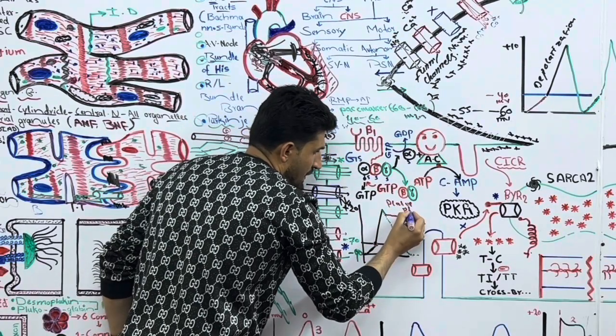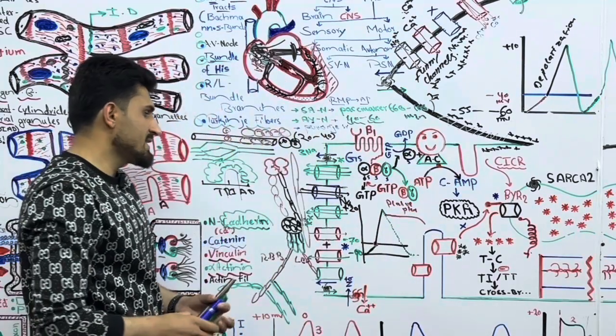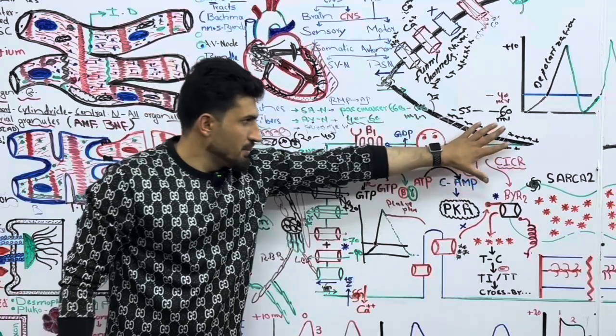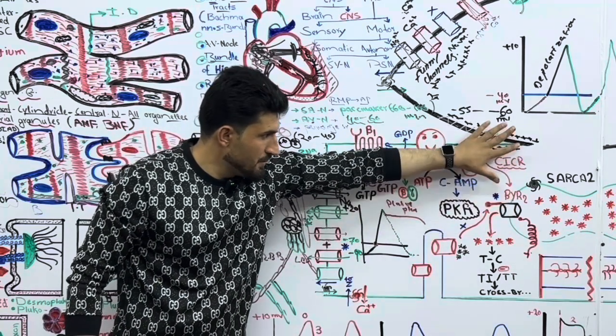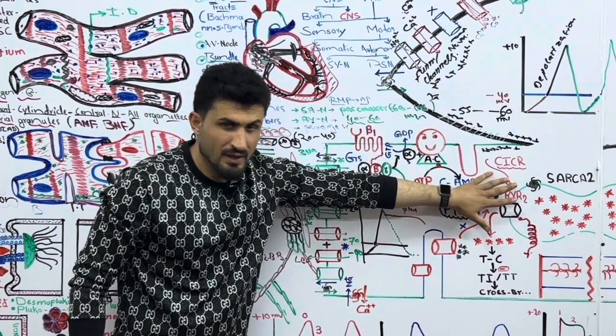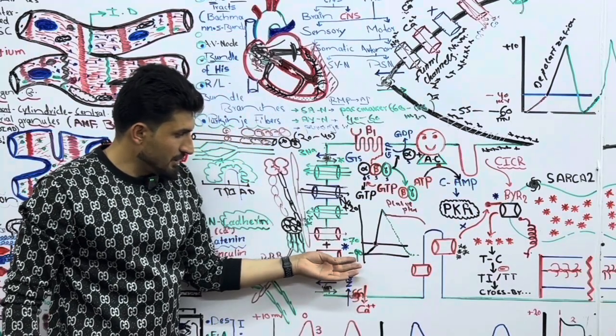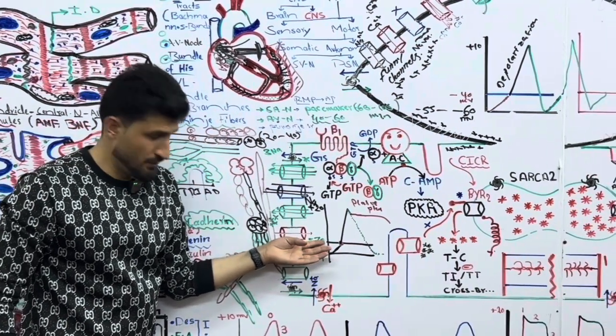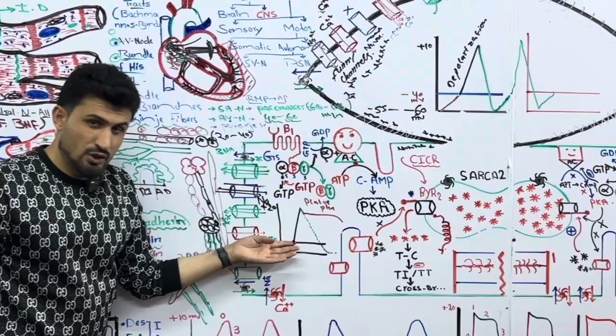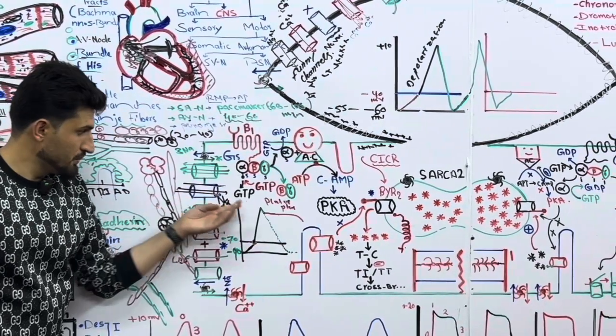This is called plateau phase. So listen, be careful. First of all, depolarization comes to the myocardium, and then the myocardium goes from the resting membrane potential to the threshold potential. At threshold potential, sodium voltage-gated channels open.